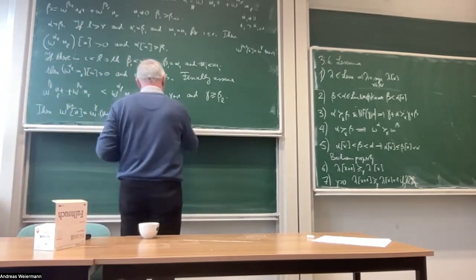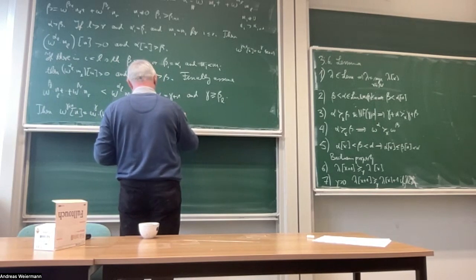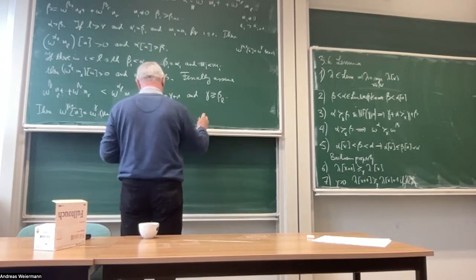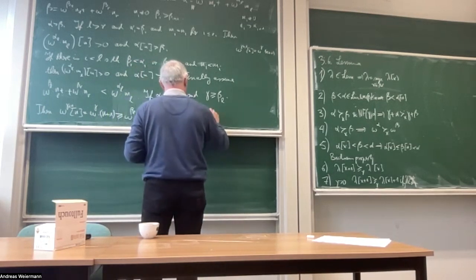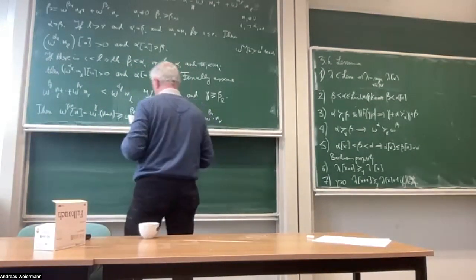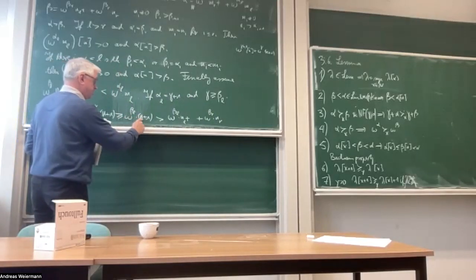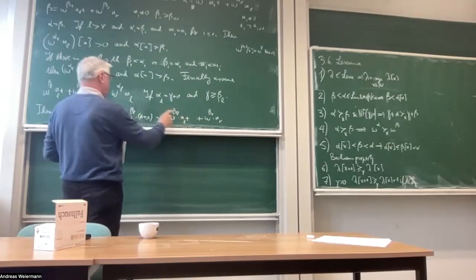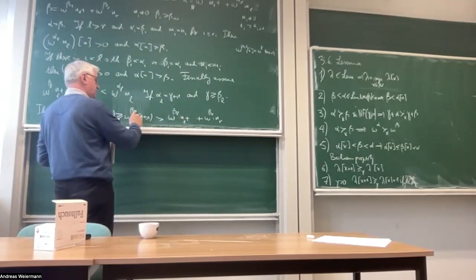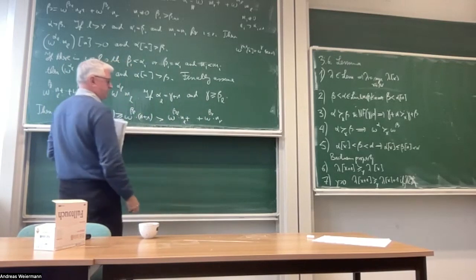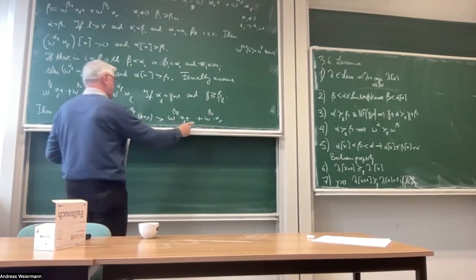So this will be bigger than omega to the beta L times n L. So that's omega to the beta R times n, because omega to the beta times omega to the beta L times n is indeed as big as this one. And then there's the last one, omega to the beta L. The beta L is bigger than all the remaining exponents. So we have this one bigger than this one.